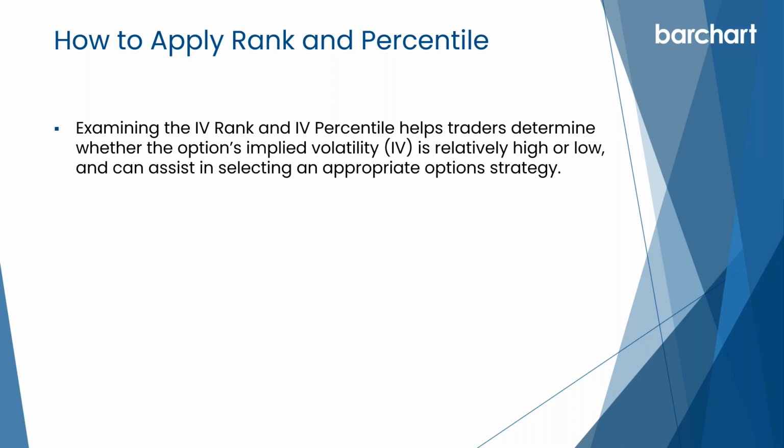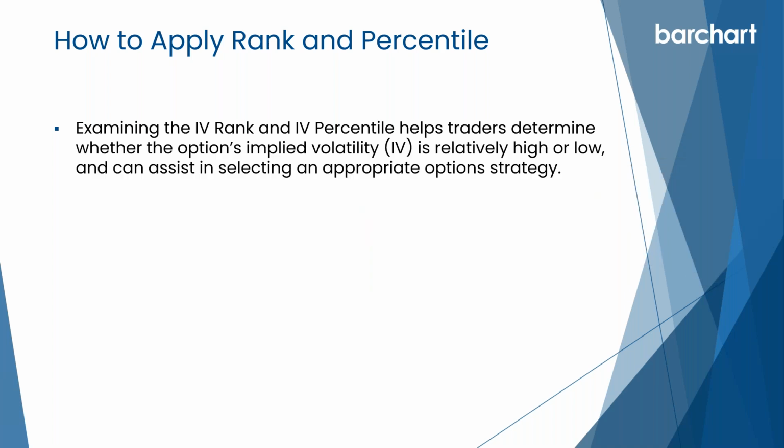At this point, you probably should ask yourself which one is better, rank or percentile. Now, they both have their purposes, but their value in valuation is determined by the absolute range of the security's implied volatility today and historically.